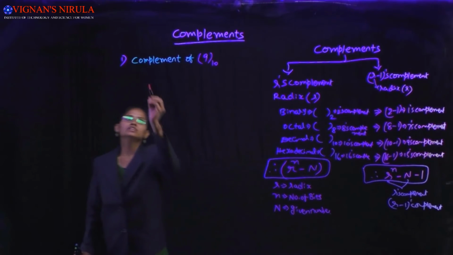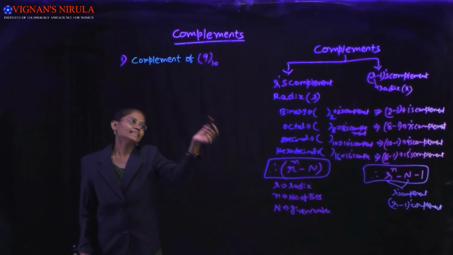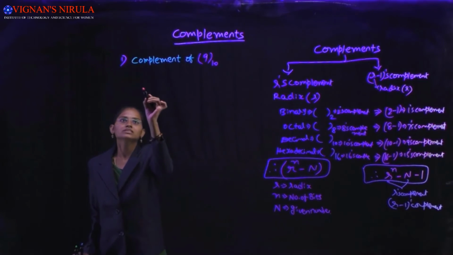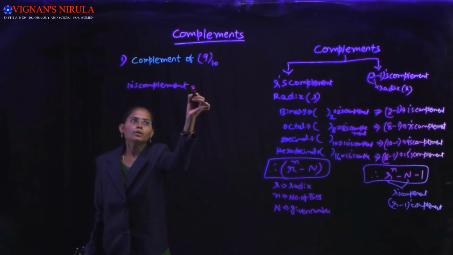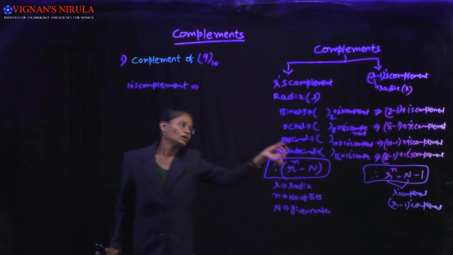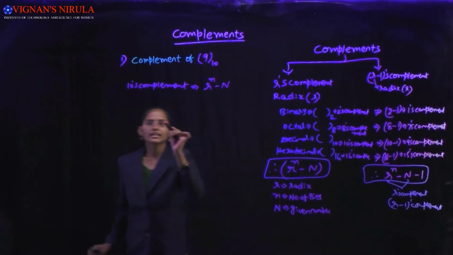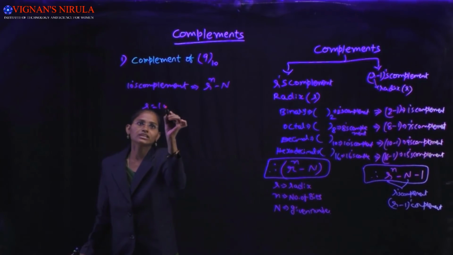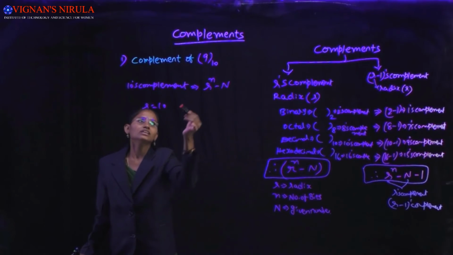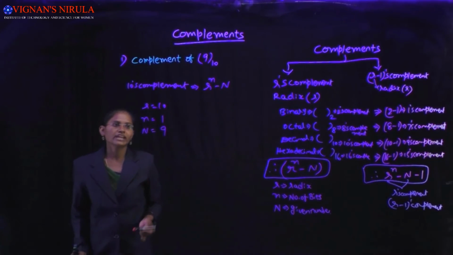And next problem is complement of 9 base 10. This one also is tens complement. This is R's complement. What is the formula? R to the power of small n minus capital N. Here small r indicates the radix, given radix is 10, small n indicates the number of bits, 1, and capital N is the given number.